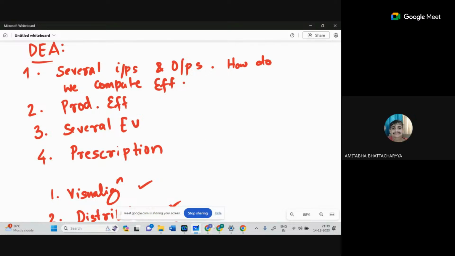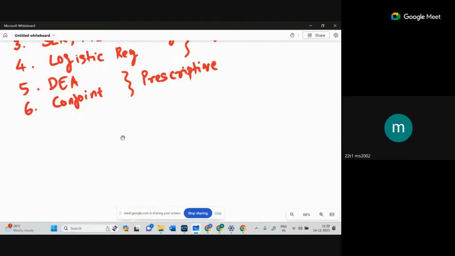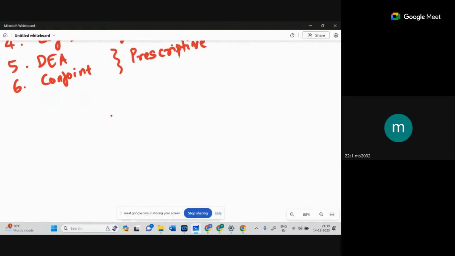Right? So, for example, we saw a simple example here. You have input 1, input 2, right? So these are the frontiers, right? These are efficient when it comes to input.